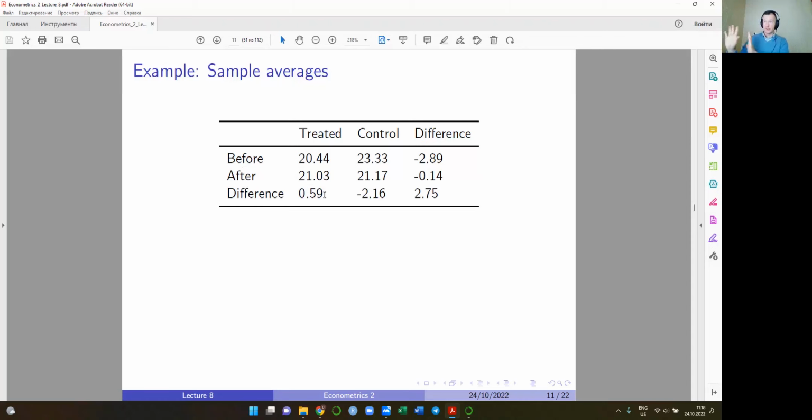If you don't look at the right side of this table, and look only at this column, you can believe that the causal effect of this increase in minimum wage is positive. It is somehow surprising, right? Because you increase the minimum wage and the employment has also increased. But the theory predicts that when wages increase, firms reduce the employment.